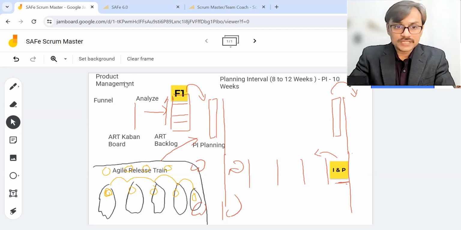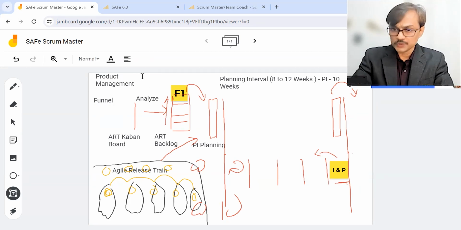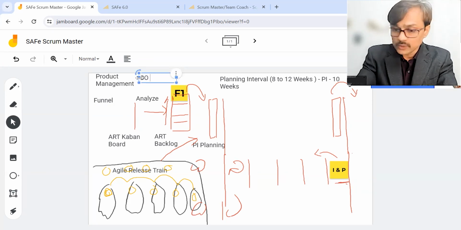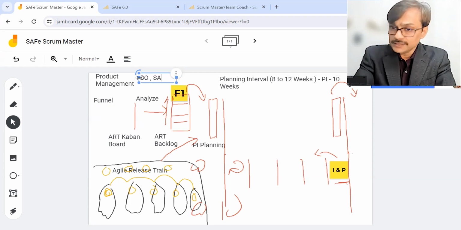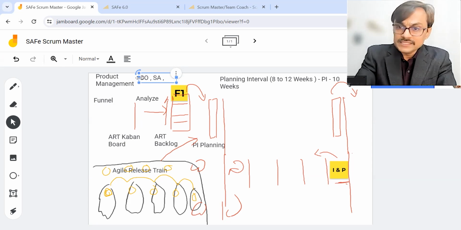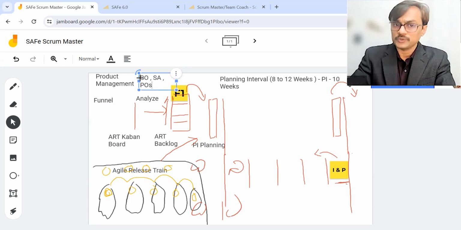Now, in order to support that process, in the SAFe way of working, there are other roles who are associated, and there is a critical role called business owner, which is like a key stakeholder. We also need to involve somebody called system architect who understands the technology and sizing of the work. And then we also involve the team level requirement person, who in SAFe is called the product owner.